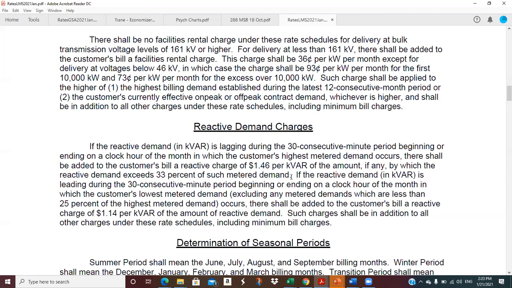Okay, so if you make yourself up an example, say, take a demand of 10,000 or 1,000 or whatever, and you figure the kVAR that you can have for a 95% power factor, and then take 0.33 times whatever the kW you assumed, you get the same number.